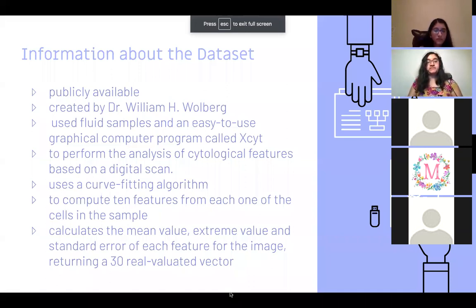And so it used a specific curve fitting algorithm, and we got 10 features out of this. And so for each of the cells, 10 different features were calculated from the images, and that's the data that you're going to be using for your machine learning model.